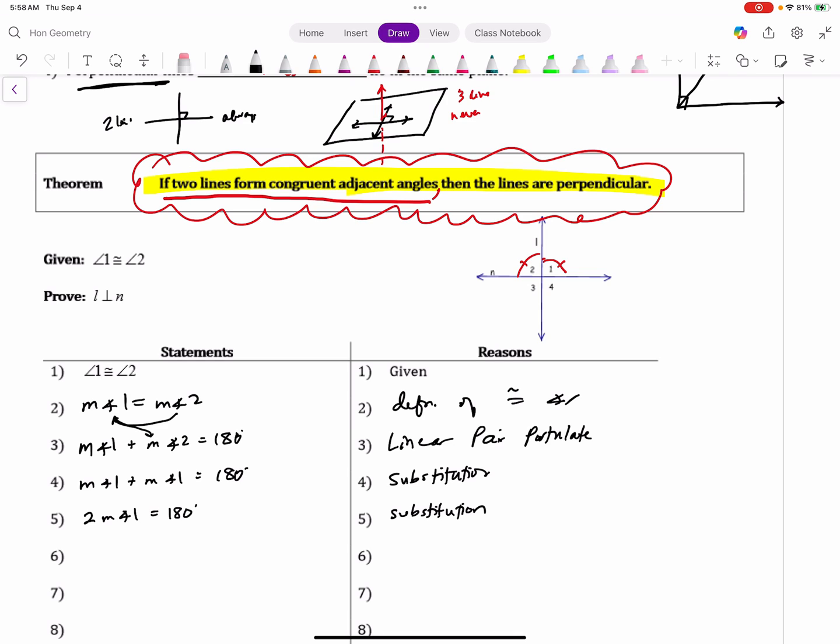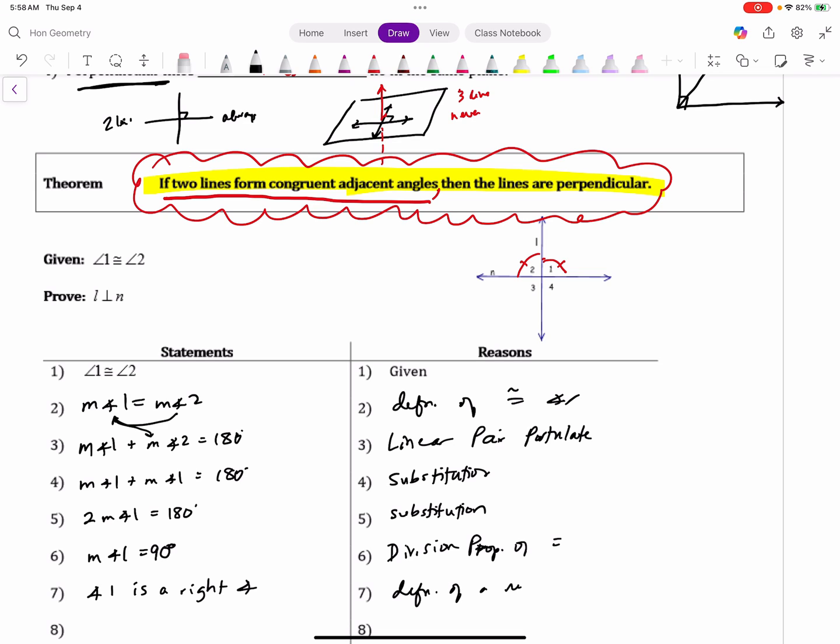Then I could divide both sides by 2, and that would be because of the division property of equality. All right, and if the measure of angle 1 is 90 degrees, then angle 1 is a right angle, because that's the definition of a right angle.